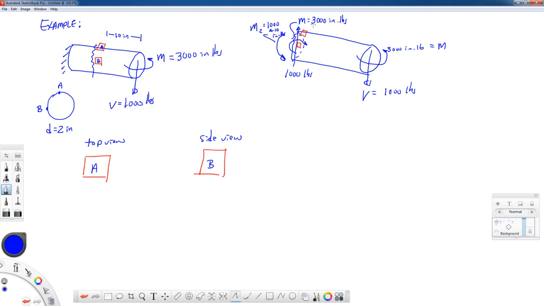Let's do the moment first. We can calculate the stress from a bending moment using the formula: the magnitude of the bending stress is equal to the magnitude of M times y over I.